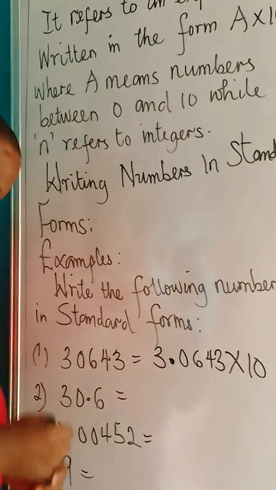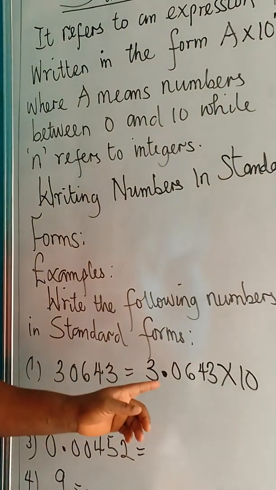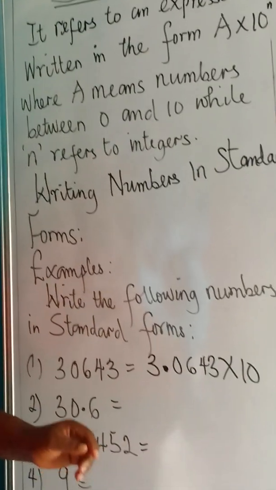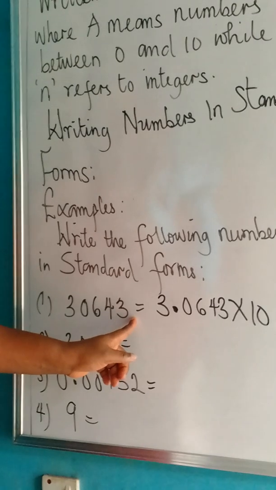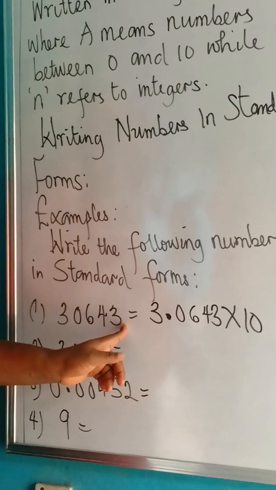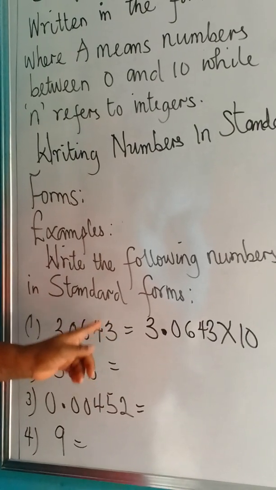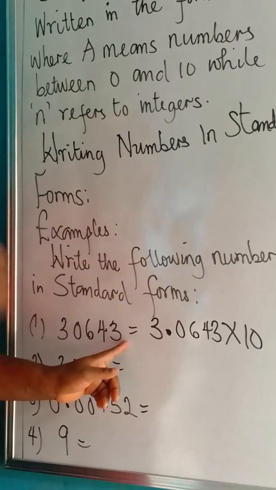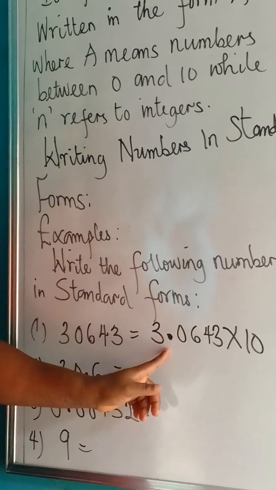You now want to consider the number of tens you have moved to be able to achieve 3.0643. By that, you check the number of places you moved from where the decimal point is initially located, which is after 3. So if you move that, you'll be having 1, 2, 3, 4, which means you have moved 10 in 4 places to be able to get your decimal point to where it is now.